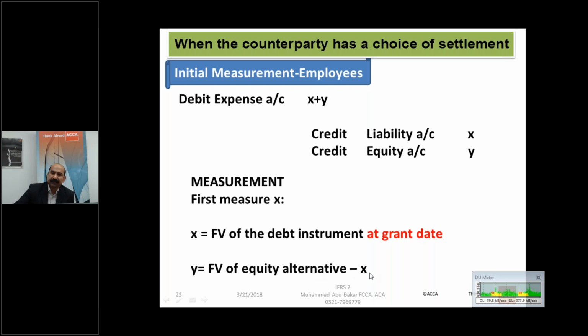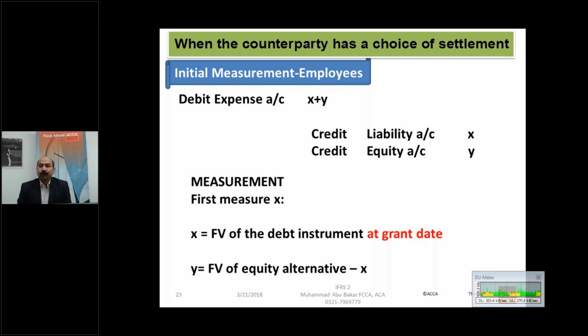This means Y is 36,000. 36,000 is Y, and 104,000 is X. Now, because these two figures are cumulative, these will vest over a period of 3 years.